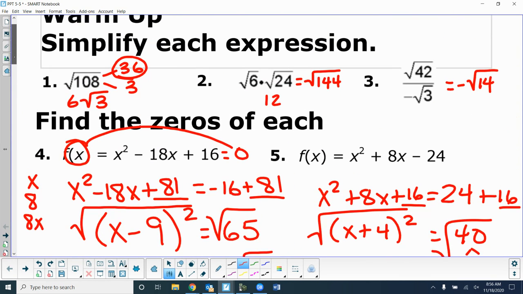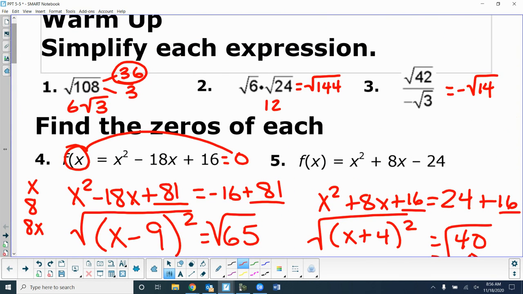Like here, half of 18 was 9, squared was 81, and then you take the square root of both of those, plus or minus, and square it. Half of 8 was 4, squared was 16, square root of x, and 16 go there, plus or minus squared. You should be able to do that. Okay, that's completing the square.